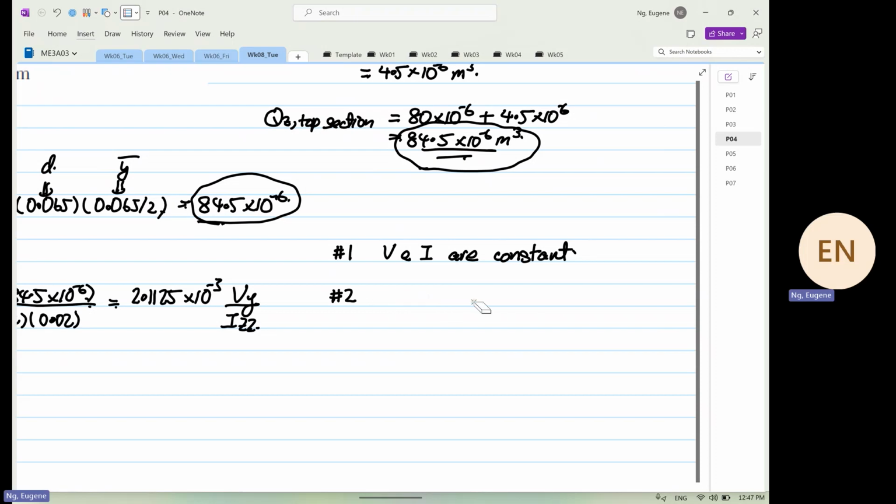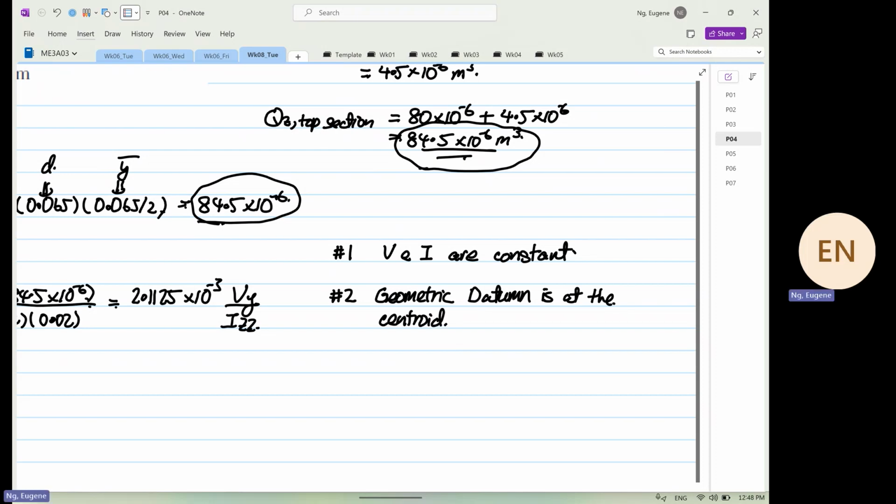Not just datum, geometric datum. Geometric datum is at the centroid.